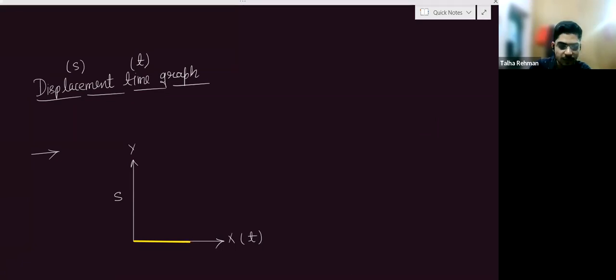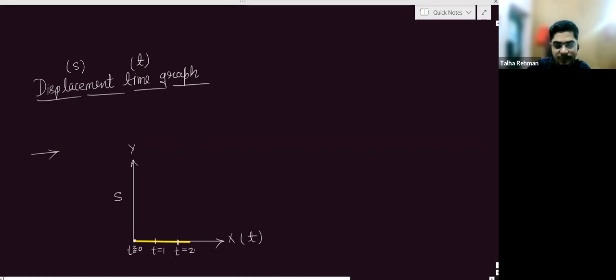So you can see that if you are moving in this direction, time is increasing. Suppose at this point time is equal to 0 second. At this point time is equal to 1 second. At this point time is equal to 2 second. At 0 second the displacement is 0.